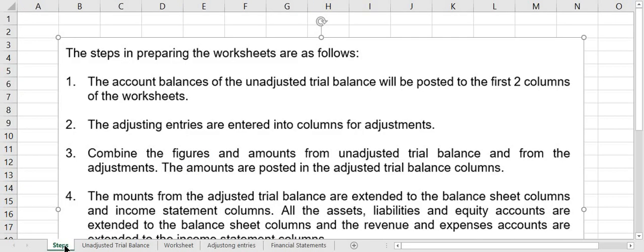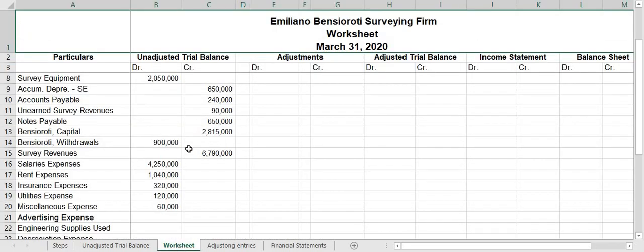Now, step 1. The account balances of the unadjusted trial balance will be posted in the first two columns of the worksheet. So let's go with the worksheet. So this is the worksheet. Okay. So a worksheet must have, of course, a heading. In this case, there should be the name of the firm.